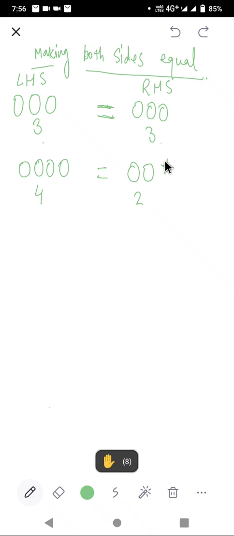So let's count forward 2, 3, 4. It means we have to add 2 more to make both the sides equal. Now both the sides are equal. Let's count all, 1, 2, 3, 4. 4 here and 1, 2, 3, 4, 4 here on the right hand side. Now both the sides have equal balls.